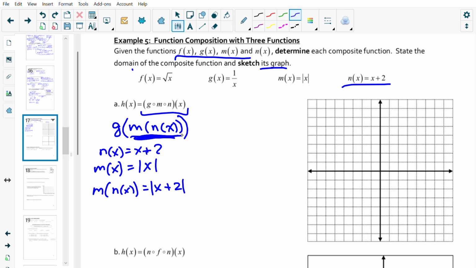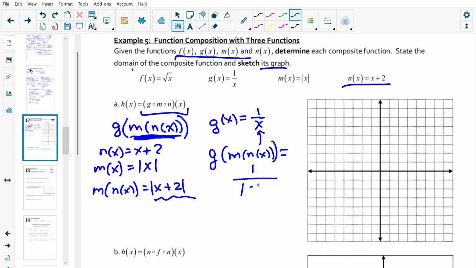So now that we found this inner function, let's do g of m of n of x. g of x equals 1 over x, and wherever this x is, I'm going to substitute in absolute value of x plus 2. So g of m of n of x equals 1 over absolute value of x plus 2.